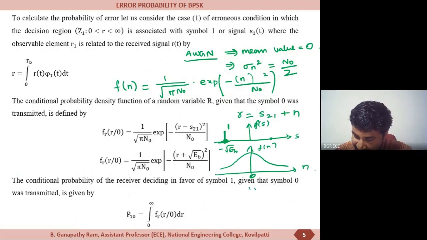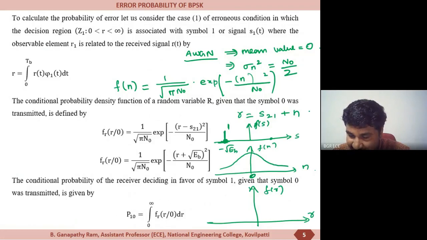Hence, f(r) can be defined as if both the amplitudes are added: square root of EB plus 0, then it will occur at minus square root of EB. So now f(r) is also distributed by Gaussian, which is centered around minus square root of EB.